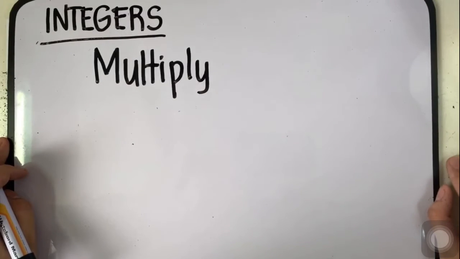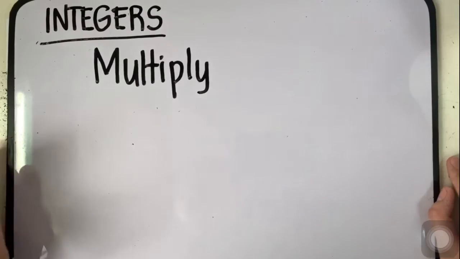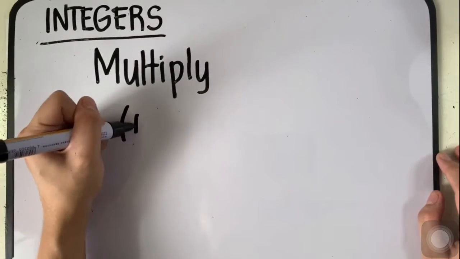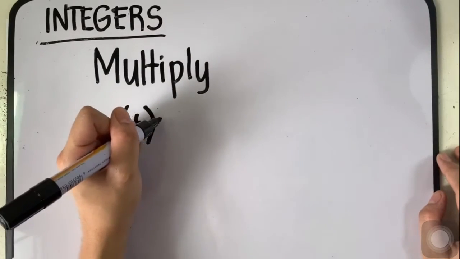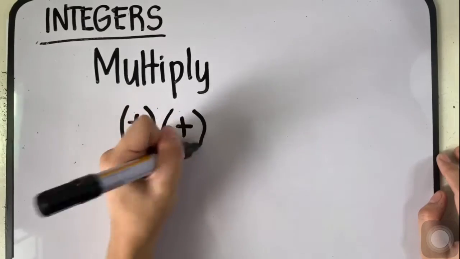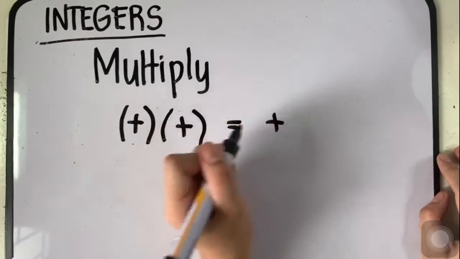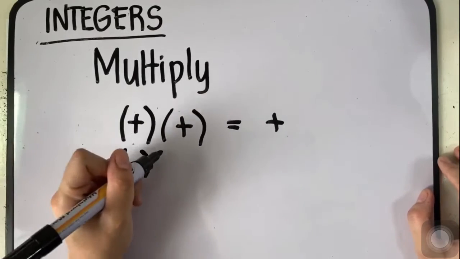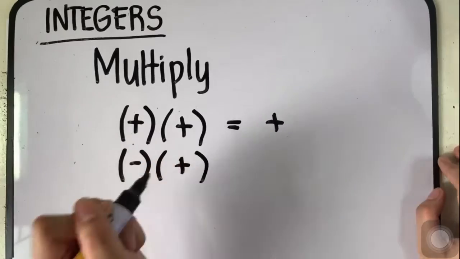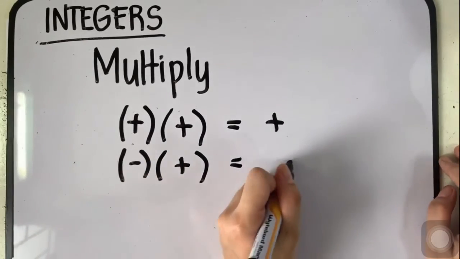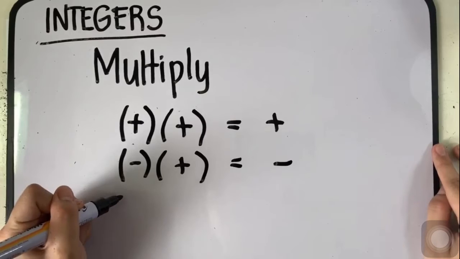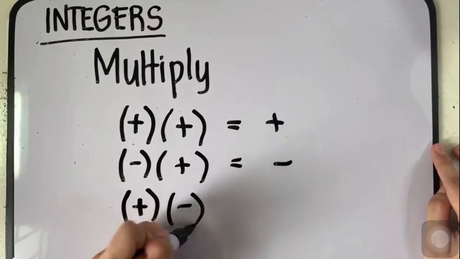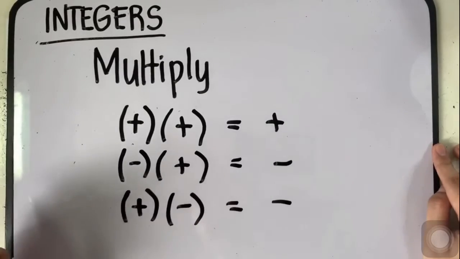In multiplying integers, there are also some rules. When multiplying a positive number times a positive number, our final answer will also be positive. When multiplying a negative number times a positive number, our final answer will be negative. Multiplying a positive number times a negative number will result in a negative number.